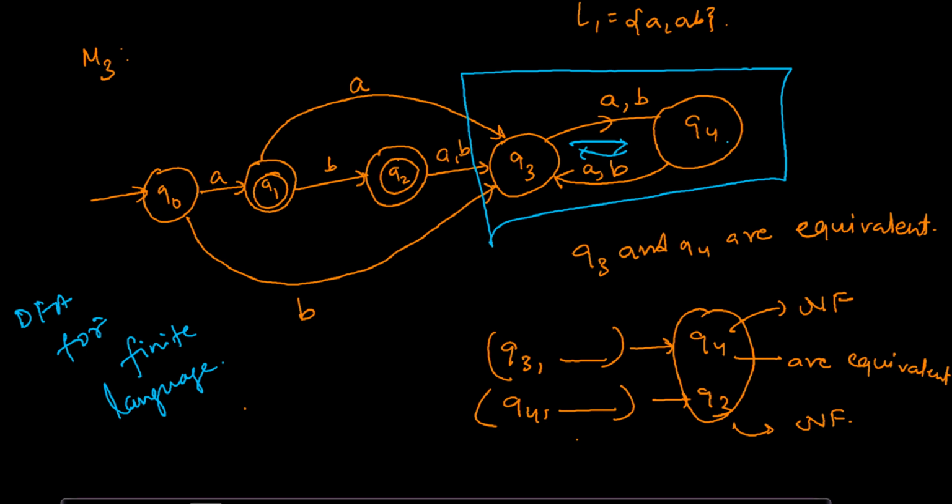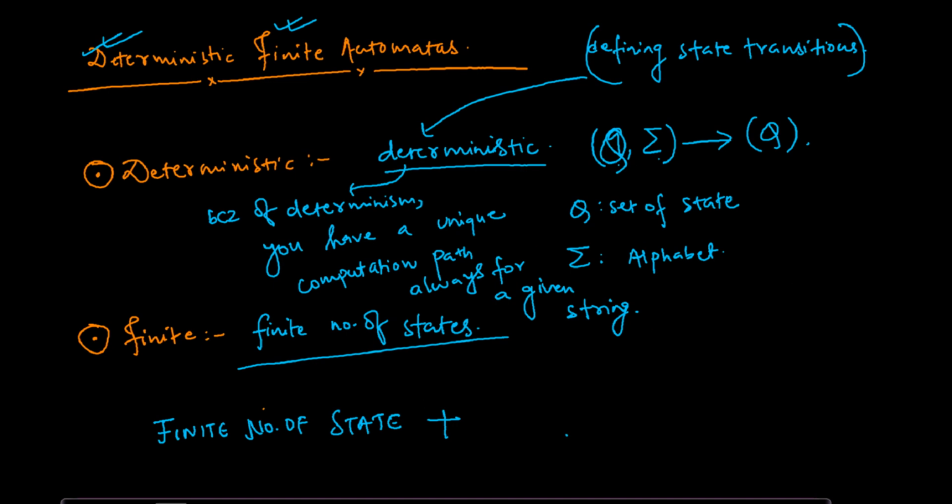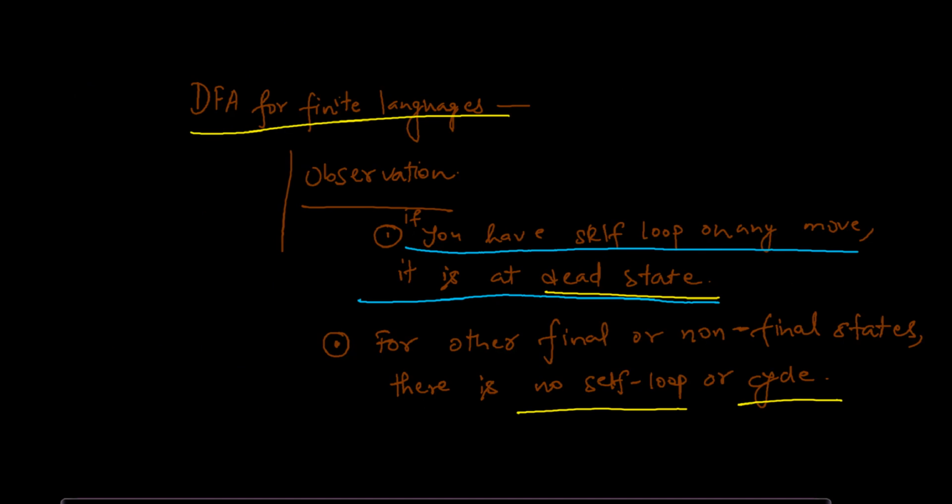So it means that this thing does not hold, that if you have a self loop on any move, it must be a dead state. No, it holds. It holds for minimal DFA.